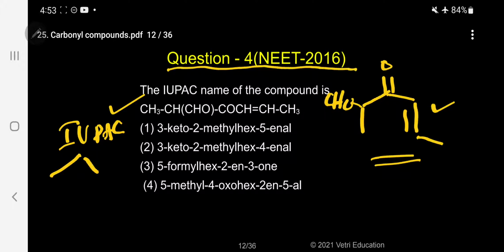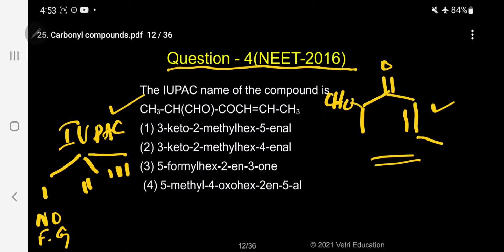into three types: type 1, type 2, type 3. Type 1 means no functional group, that means only alkane. The rules apply only for alkane. What are the rules? Select the longest chain and find any substituents present.